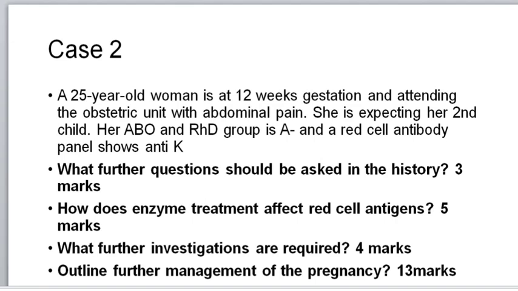So now this is almost a 25 marks question. It will be given like this in the FRCPath exam. There will be sub questions to each scenario.